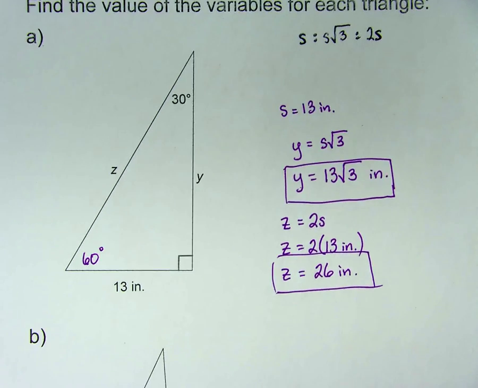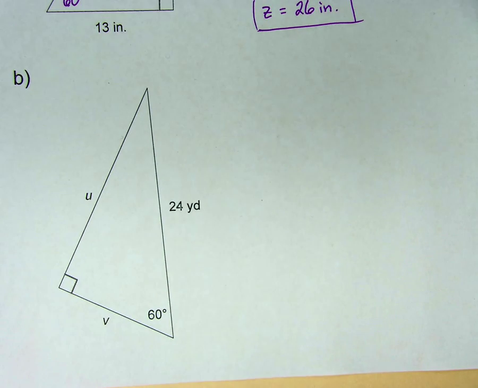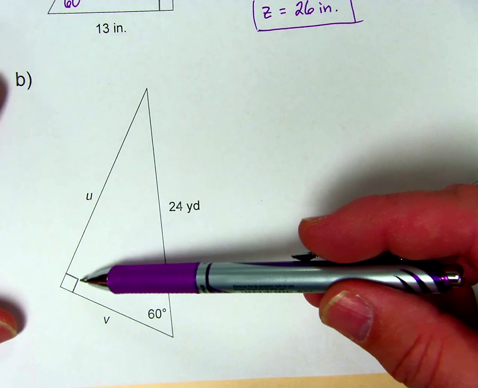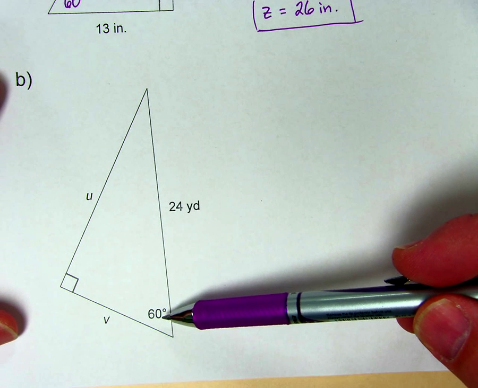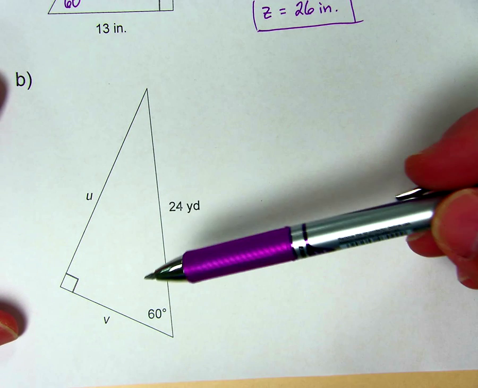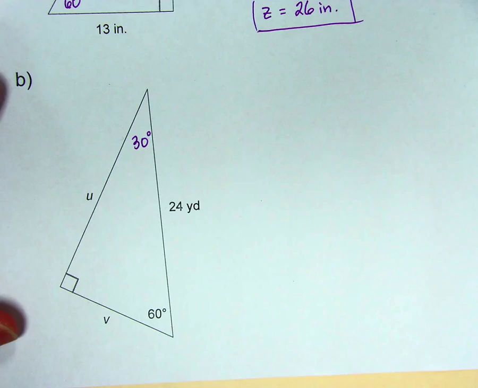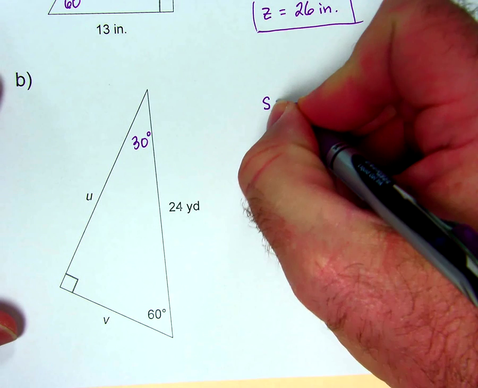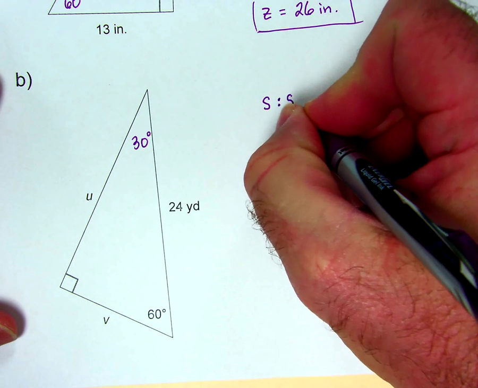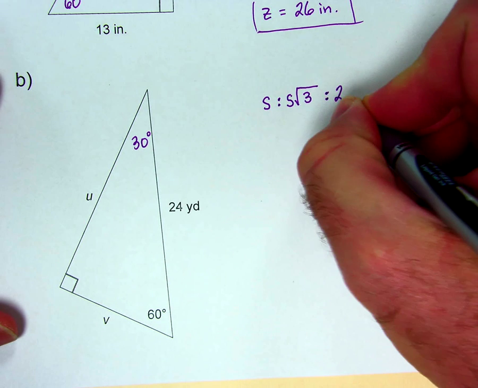So, in my second example for the 30, 60, 90 triangle, again, I have a right angle, that's the 90 degree angle. Here I have a 60 degree angle, so this angle would be 90 minus 60 degrees. So I do have my 30, 60, 90 relationship. So the sides are in the ratio of S to S times the square root of 3 to 2S.